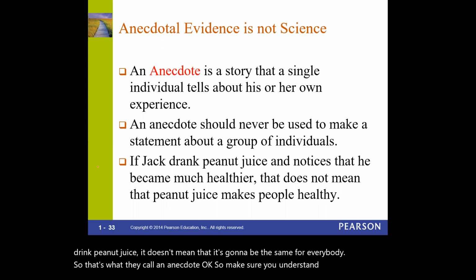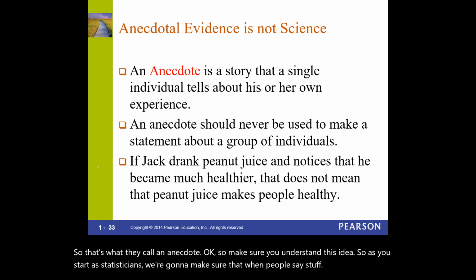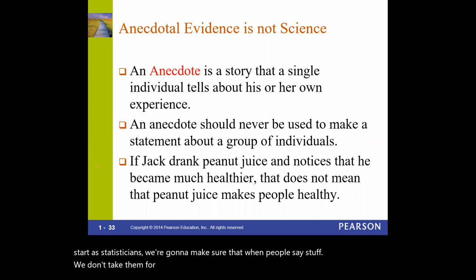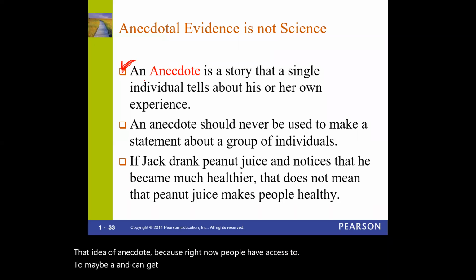So as statisticians, we're going to make sure that when people say stuff, we don't take it for truth, because that's their own experiment. That idea of anecdote is very important, because right now people have access to media and can get their idea to everybody.